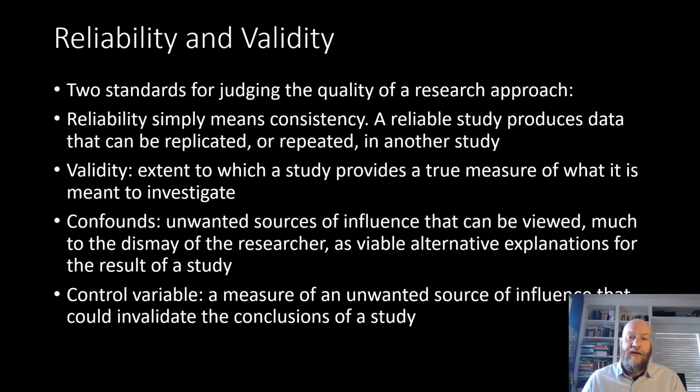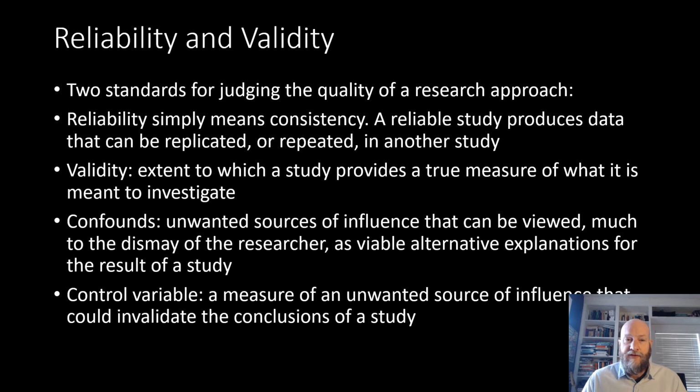And then finally, elimination of alternative explanations. Well, confounds are basically representative of those alternative explanations. It's another thing that you become aware of that could explain your results besides your manipulation of the independent variable. So confounds essentially reduce the validity of the study, and let's sit with that for a moment.